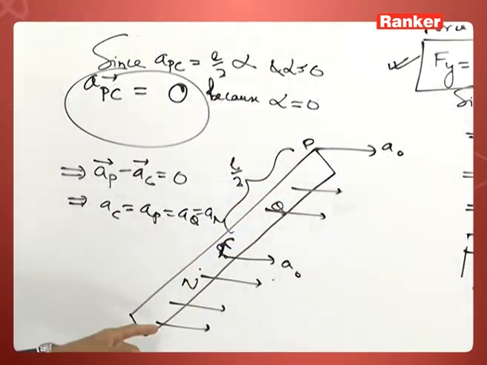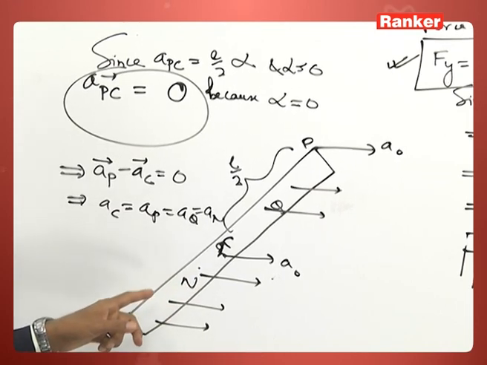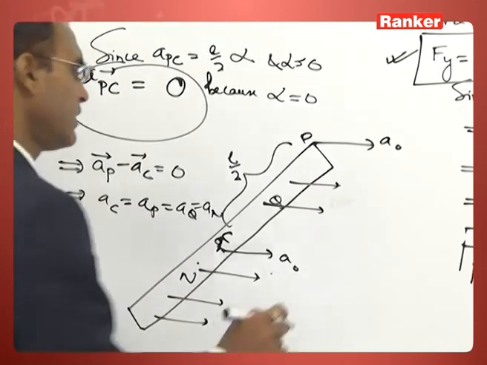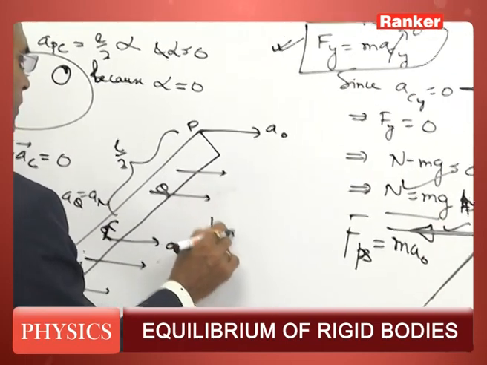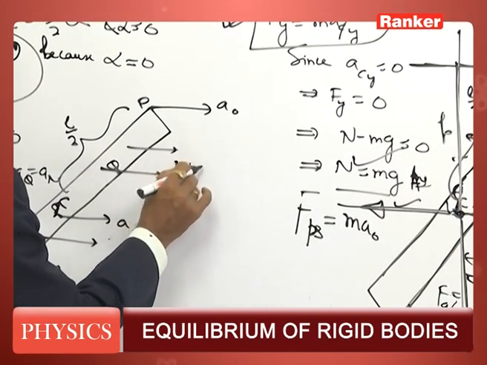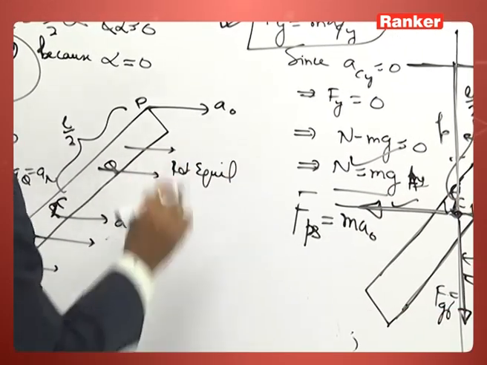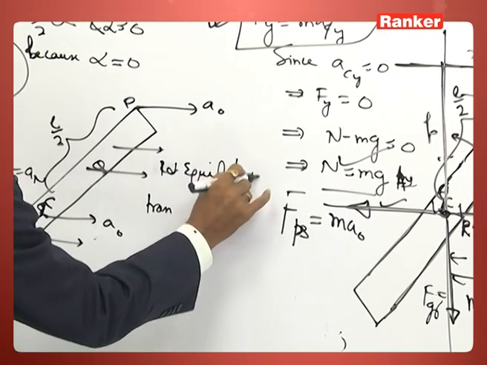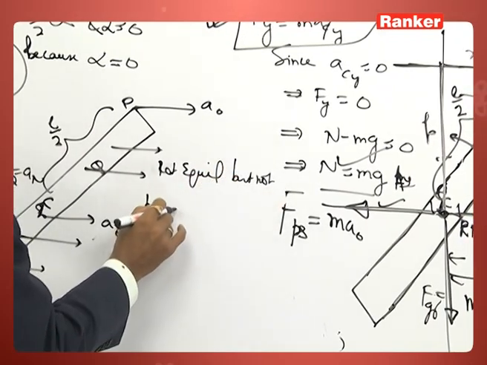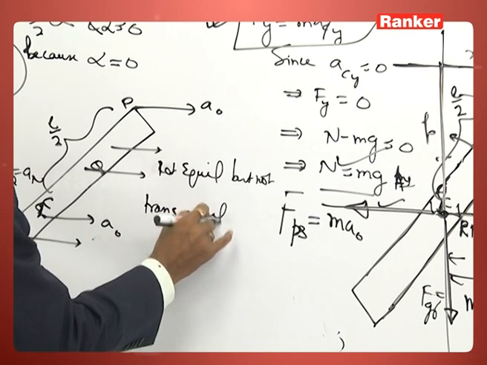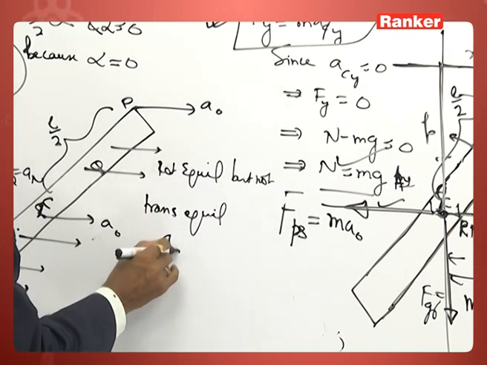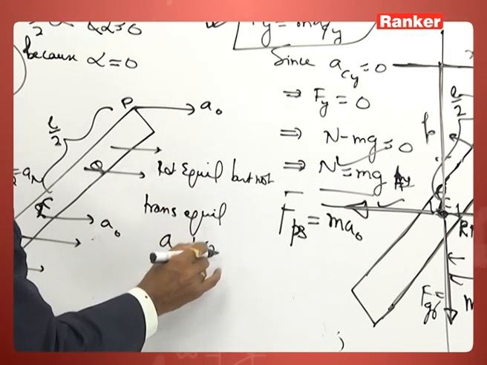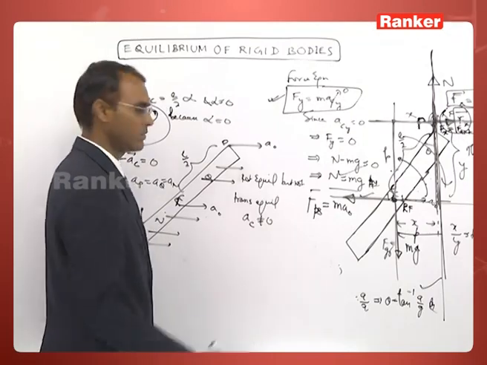Any point of the rod will have the same acceleration. So the rod is in rotational equilibrium, but not translational equilibrium, because the acceleration of the center of mass is not equal to 0. That's the idea.